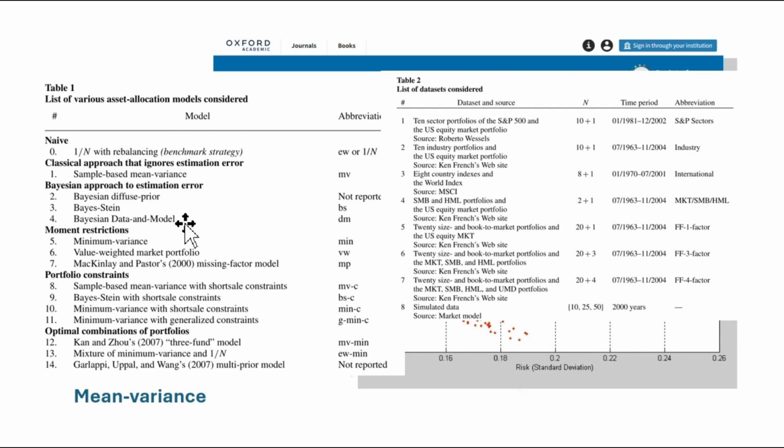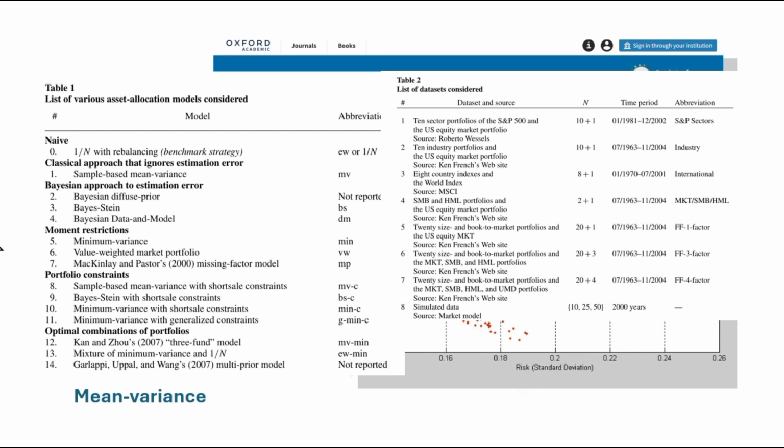For instance, you have one method that uses some approach to reduce the estimation error. You also have another one that has certain constraints on the portfolio, for instance saying that you cannot short sell, etc. The author also used a lot of data sets, as you can see over here, to apply the methods on.